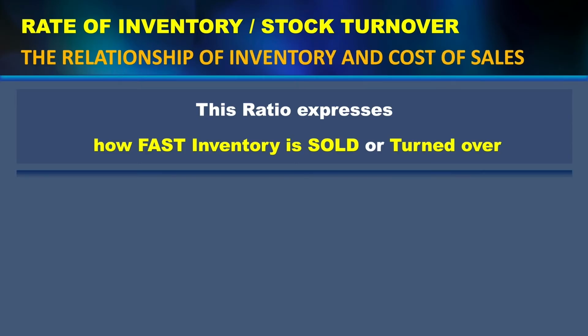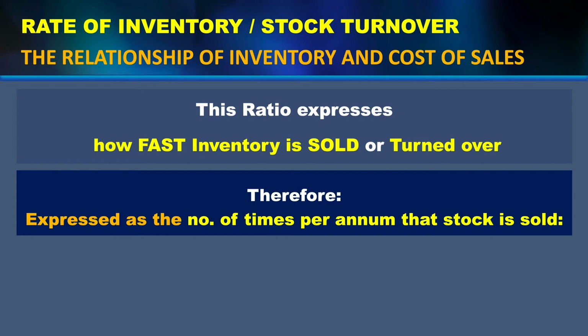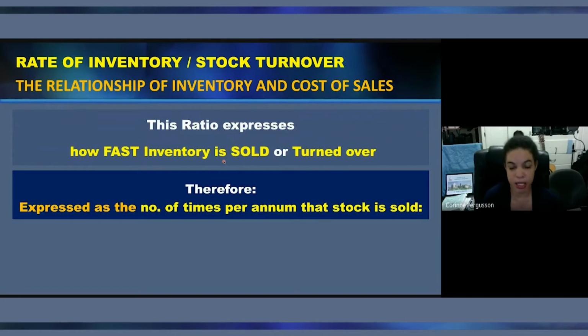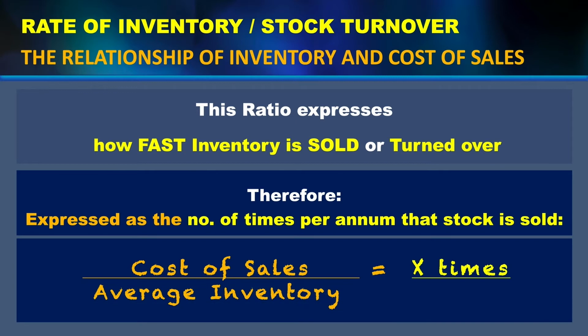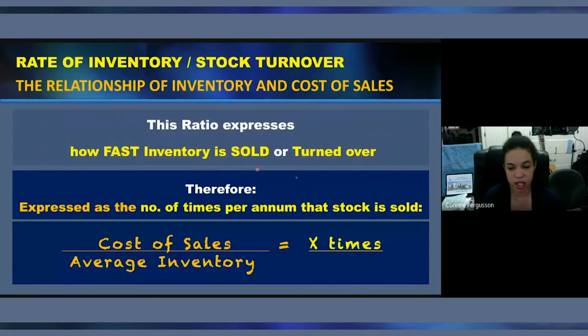This one is expressed in the number of times per year. That is what per annum is. So once again, what is the formula? Cost of sales over average inventory, and the answer you get, you add times to it, and that will tell you how many times per year that inventory is sold.